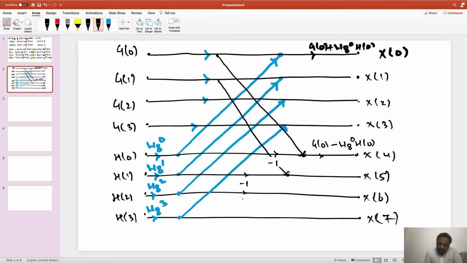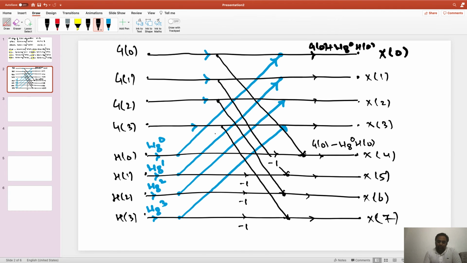Similarly, I could have a -1 here, and G2 will come and get added here, and we will get the result. And lastly, you'll have a -1 here and G3 will come from here, and X7 will come from here.